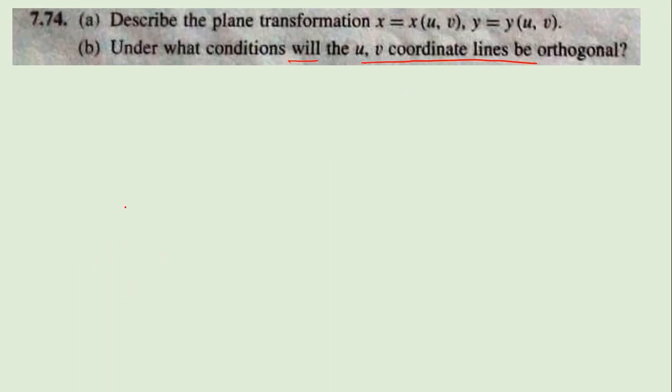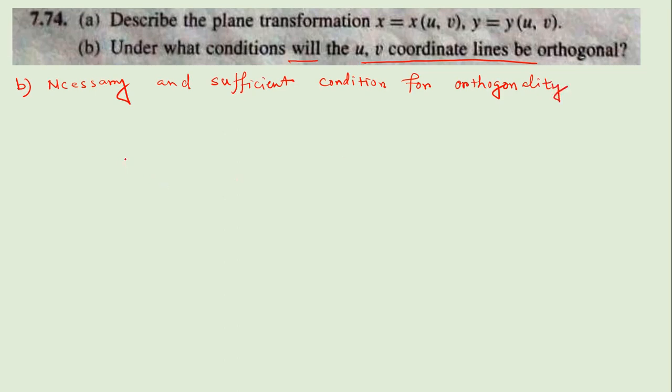You know from the previous lecture the necessary and sufficient condition for orthogonality: del r vector by del qj dot del r vector by del qk equals 0, where j and k run from 1 to 3 and j and k are not equal, right?